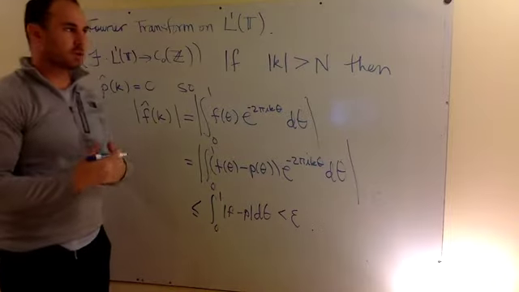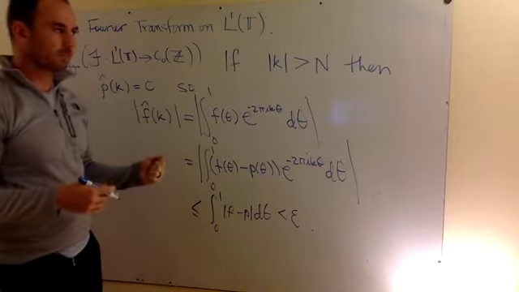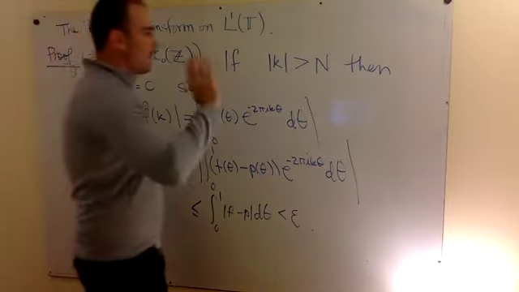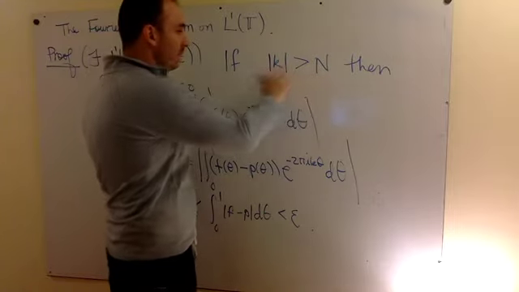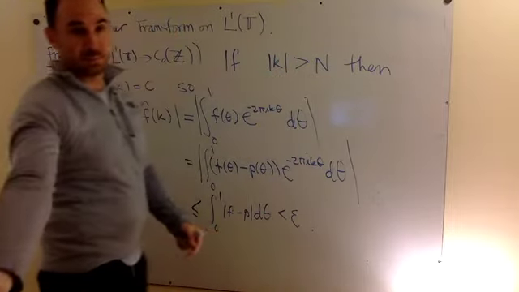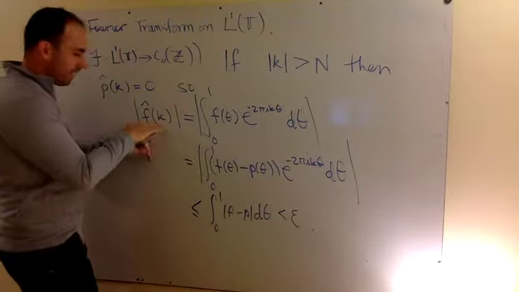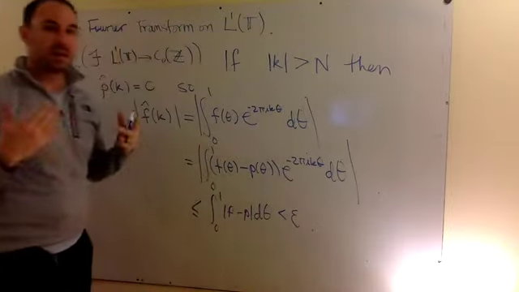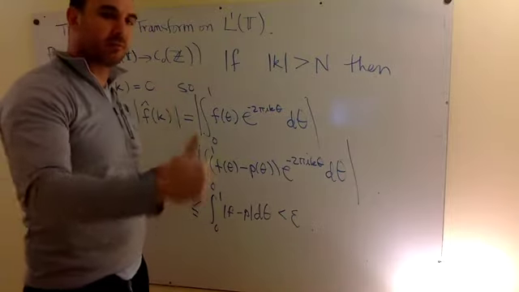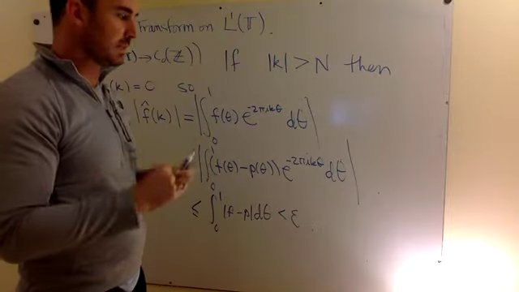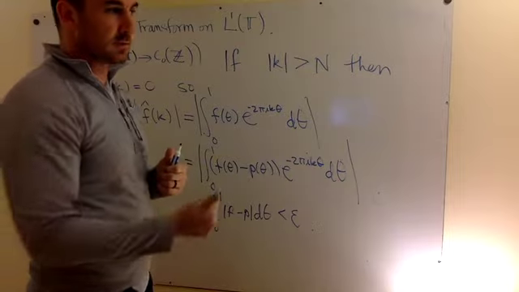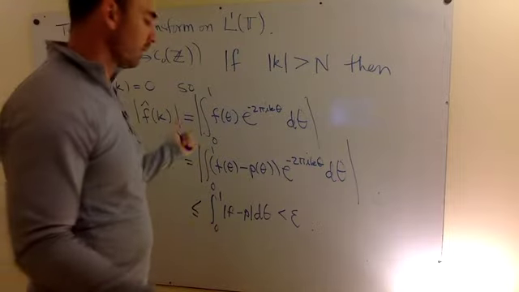In other words, what I've just shown is if f is in L1, then there exists a capital N such that when I take k either bigger than n or less than negative n, f hat of k is less than epsilon. And this means that the Fourier transform maps into little c0. In other words, it goes to 0 as k runs out to infinity or k runs out to negative infinity.